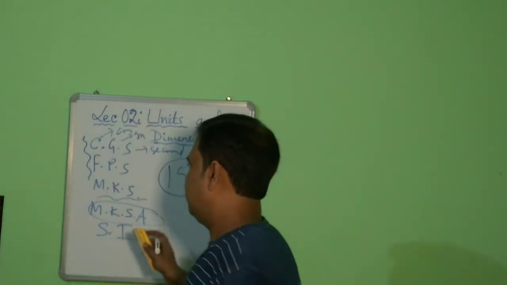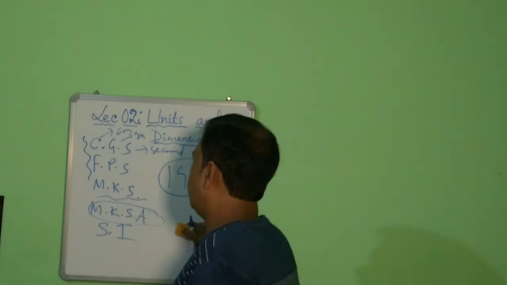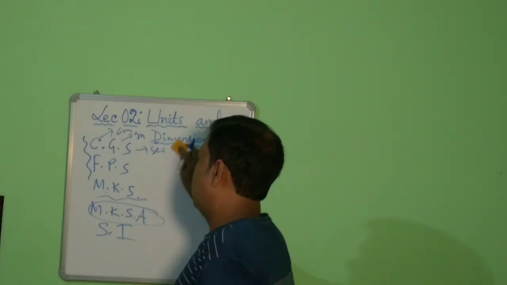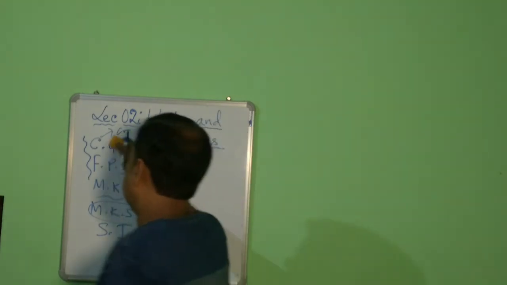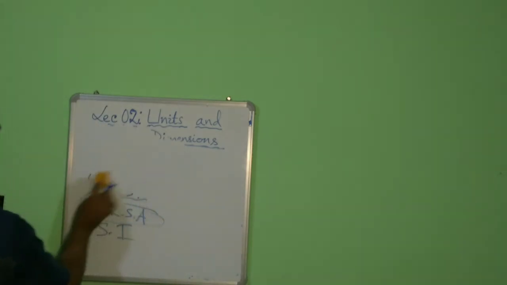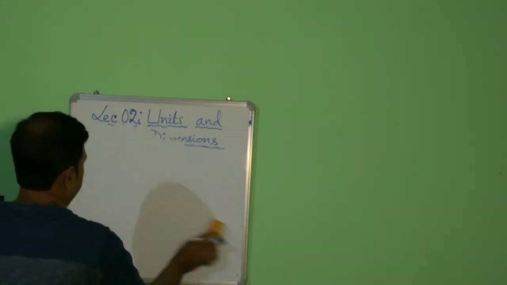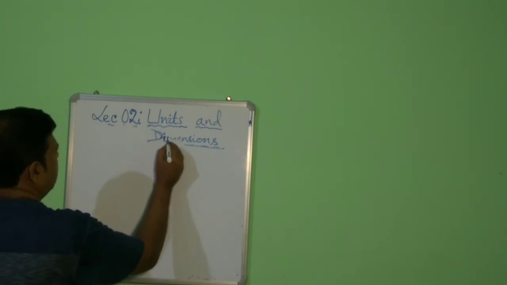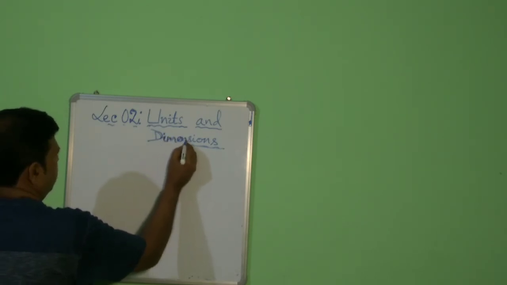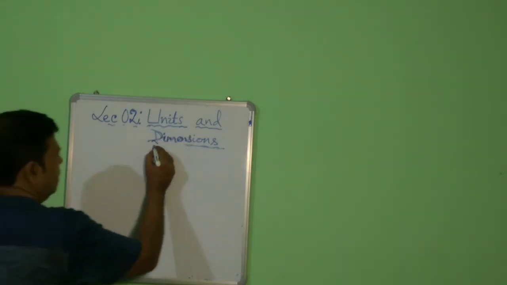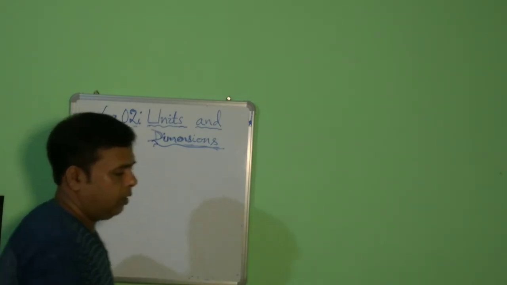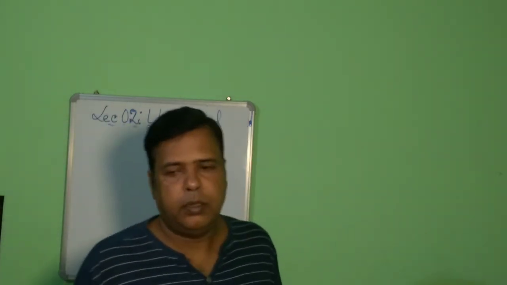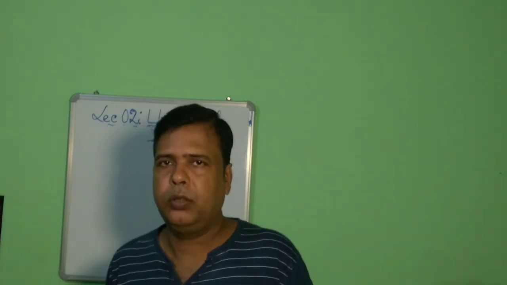This is the most widely used system of units. Of course, in the USA, the MKS system is also used to some extent, but the SI system is the most widely accepted system of units, and during our further study we will describe all the physical quantities in terms of their SI units only.